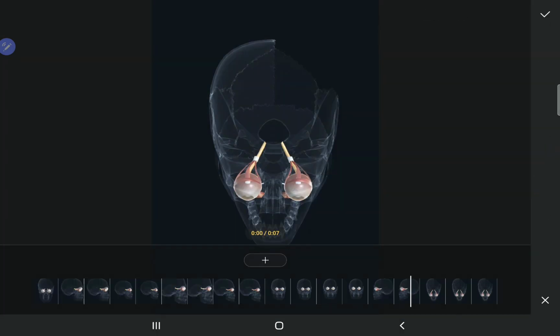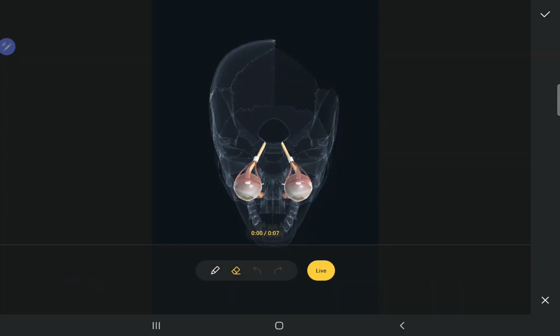So that's the space I'm talking about, this particular space. This is the space. So if you can see between these muscles, between the extraocular muscles, these are the extraocular muscles, right? And between these extraocular muscles behind the eyes there is some space.